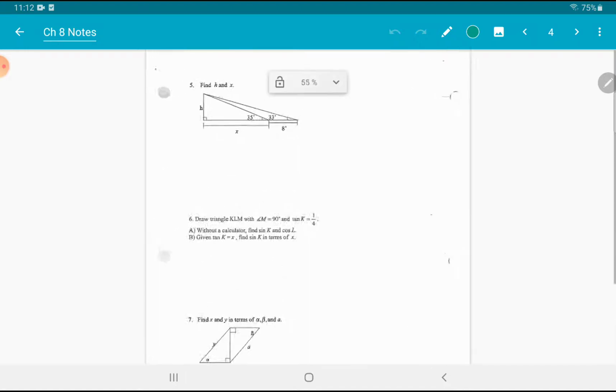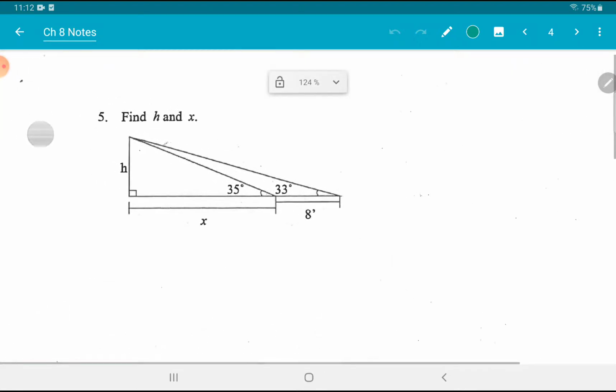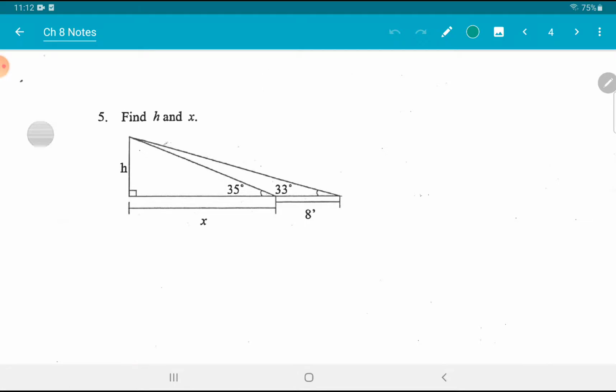So let's take a look at example 5. What we want to do is find the value of h and x. Now you'll notice that there's actually 2 triangles, I guess maybe even 3 triangles that you see here, but really what we're going to focus on are properties of triangles that we know, which in this case would be right triangles.